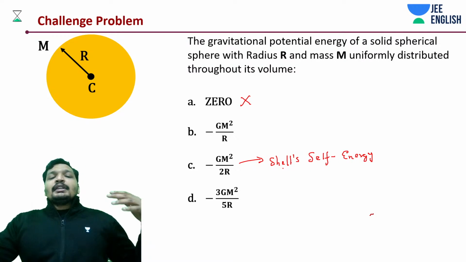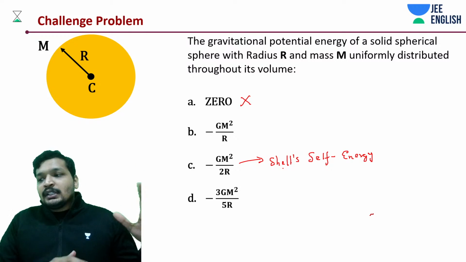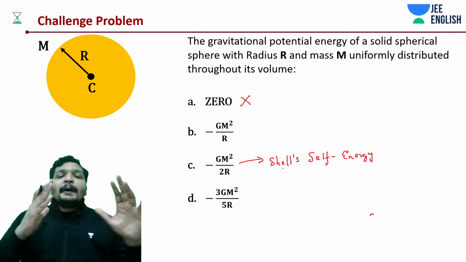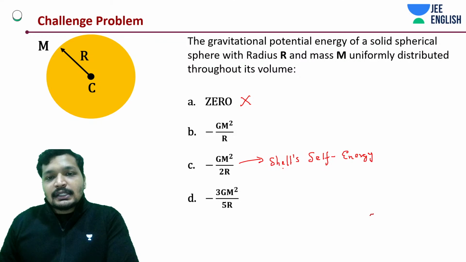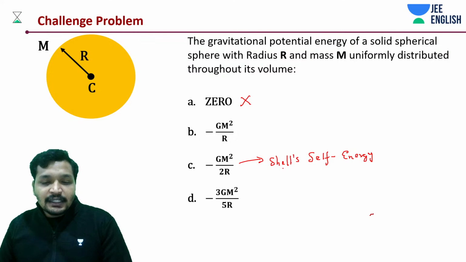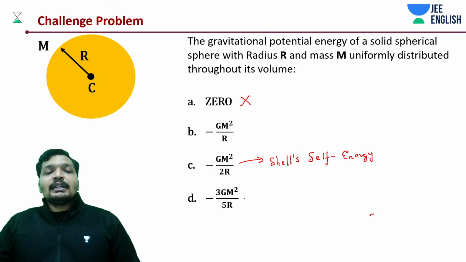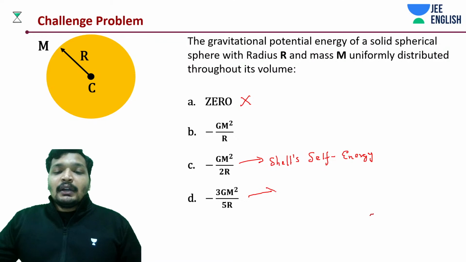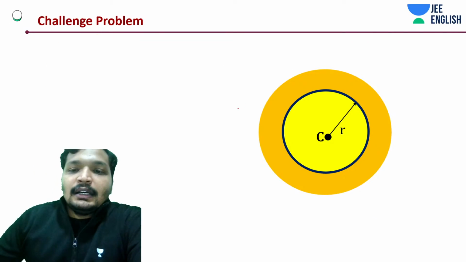At the same time, from the given options you can reduce it, but generally your solid sphere, the earth, everything around us has some self energy associated with it. And the more solid the object, not more dense but more solid, the more self energy it is going to have. Let's have a look at it.